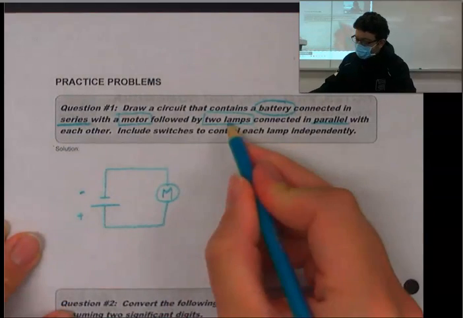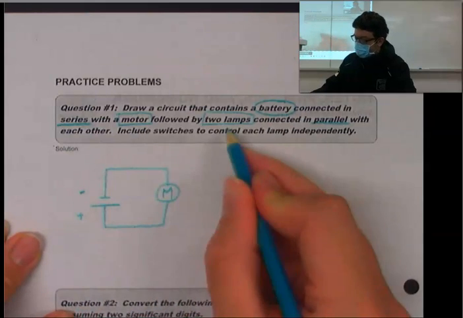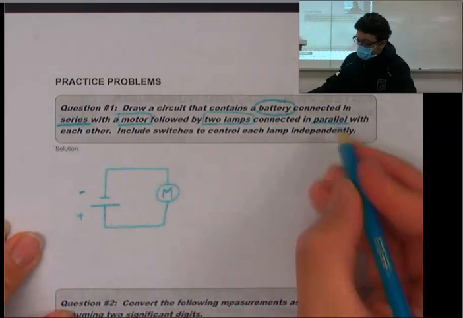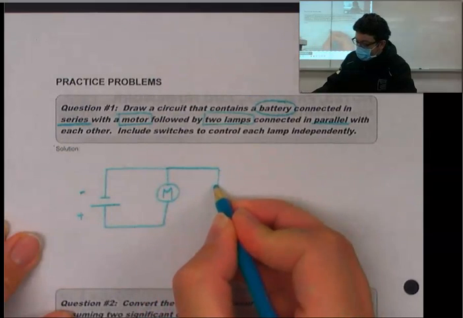And then we have, so our motor is connected like this. This is just a one pathway. And then we have 2 lamps connected in parallel. So we want the lamps in parallel. If you remember, a lamp sort of looks like this.